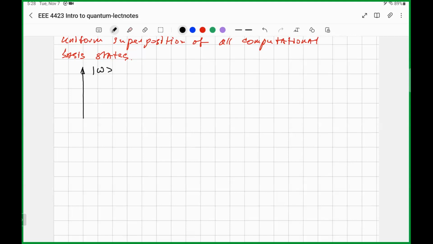State omega first. And in order to form the Hilbert space based on this vector, we need another vector, orthogonal to this vector.